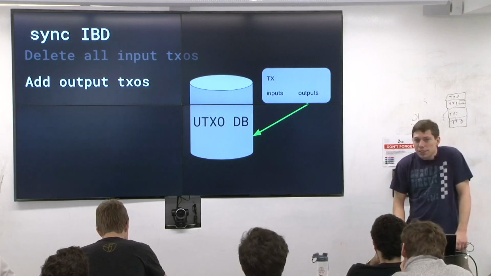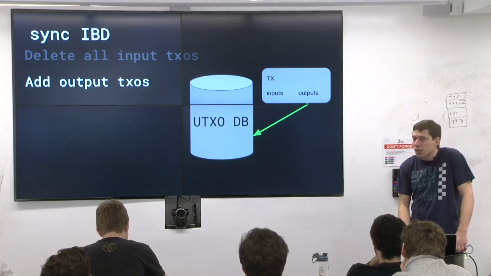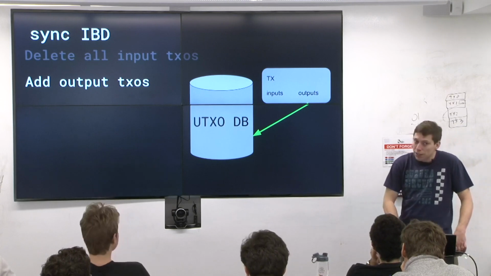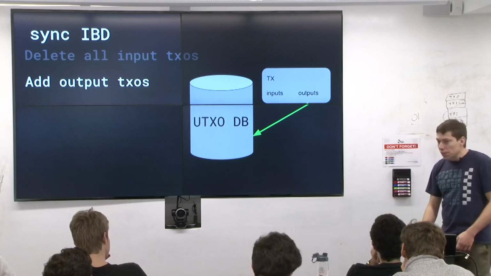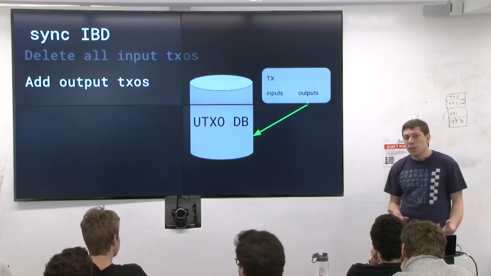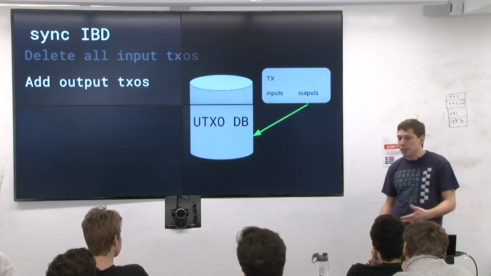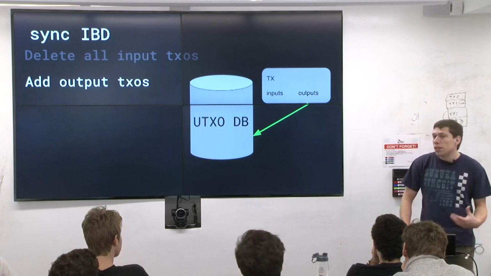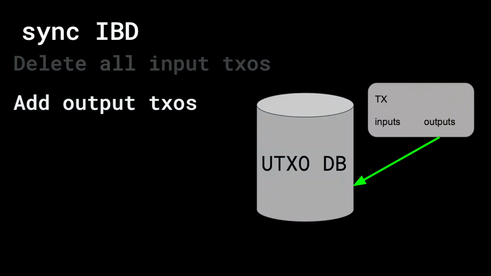So it doesn't seem too bad, but there's a lot of disk access, and the UTXO DB is a key value store with a lot of keys. The values are very small. So it's not like a crazy database problem, if anyone's interested in databases. But it can be slow, and we want to really optimize it. So when you sync the initial block download, you're doing this 300 million times.